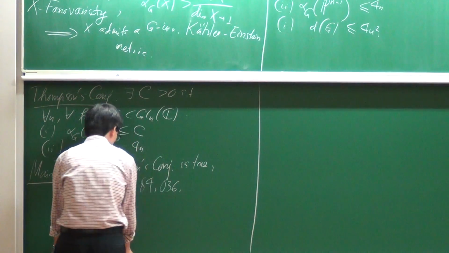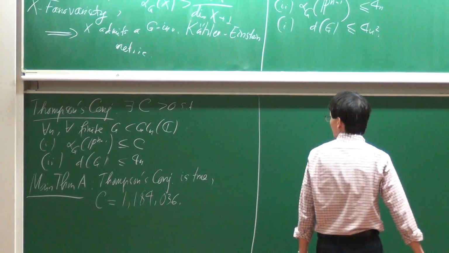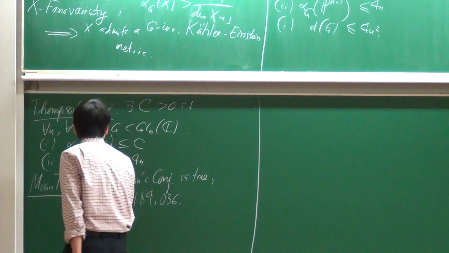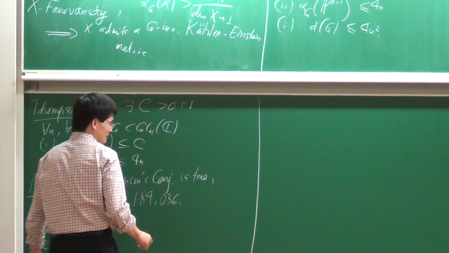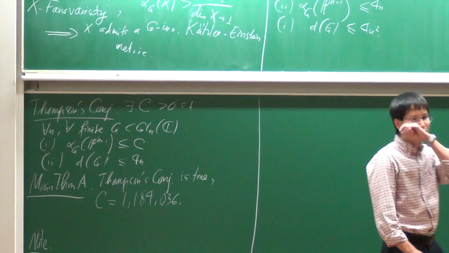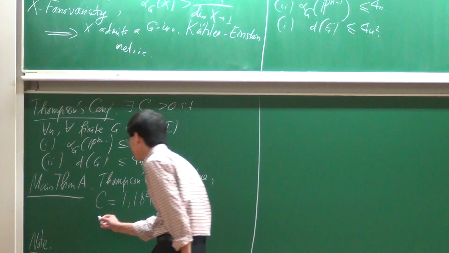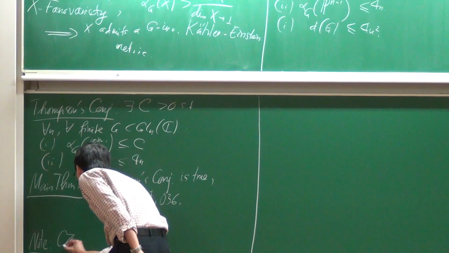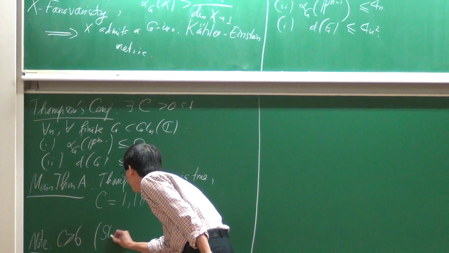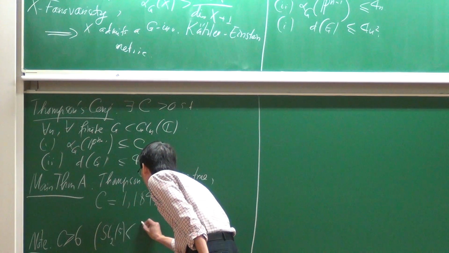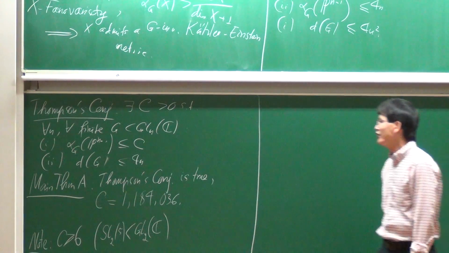Okay. So let me make a note that of course, you can see that this is probably inflated. So what would be the real C? Well, I don't know, but we can show that this C cannot be smaller than 6, because if you look at the example of S_5 inside GL_2(C), then you see that the d(G) is only 12.